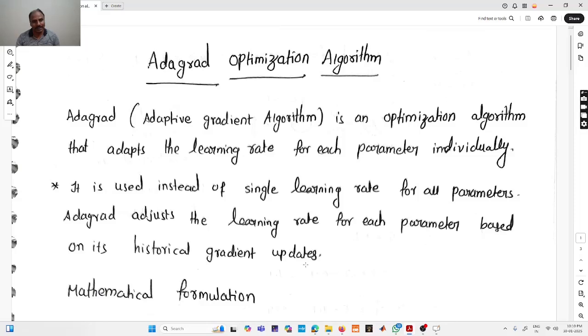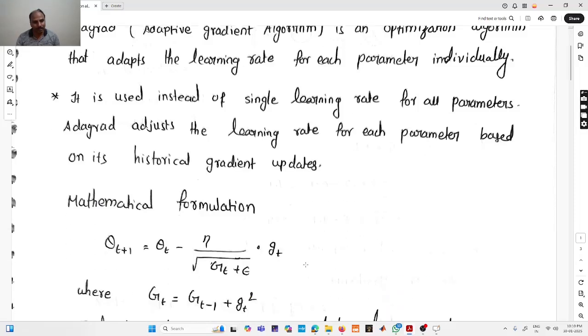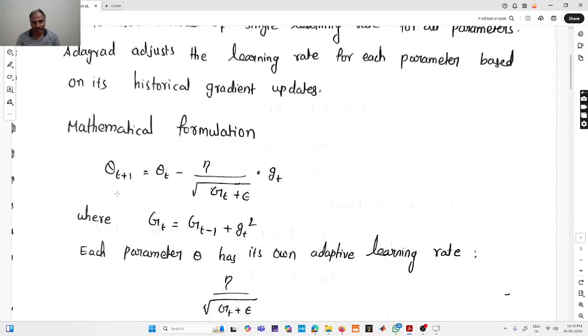Coming to the mathematical formulation, this is the update equation. The new weight equals the old weight minus eta divided by the square root of G_t plus epsilon, into g_t. Here g_t is the gradient with respect to the weight or bias. We will see this later in the problem.